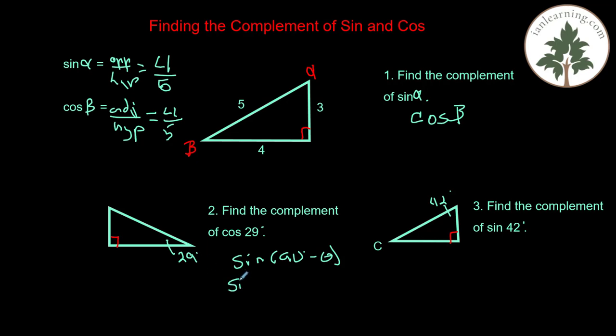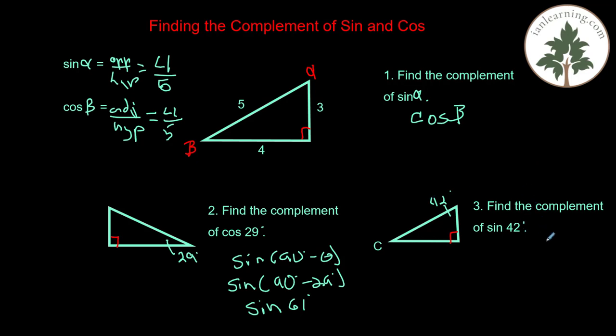So it would be sine of 90 degrees minus 29 degrees, which equals sine of 61 degrees. This would be 61 degrees. So the complement of cosine of 29 would be sine of 61.